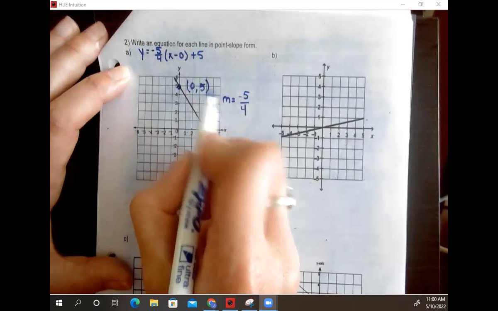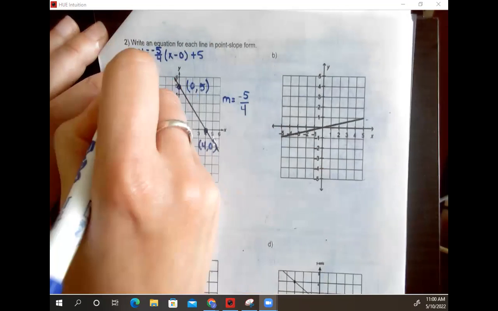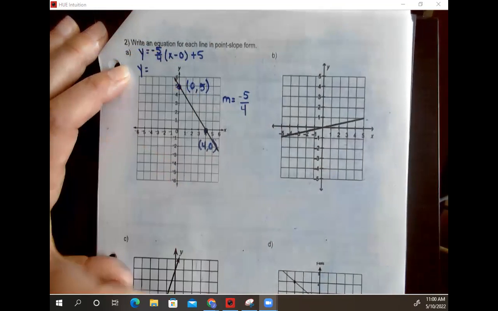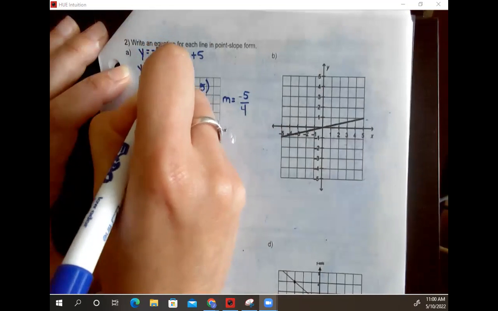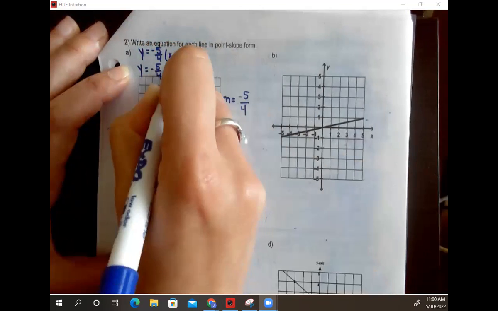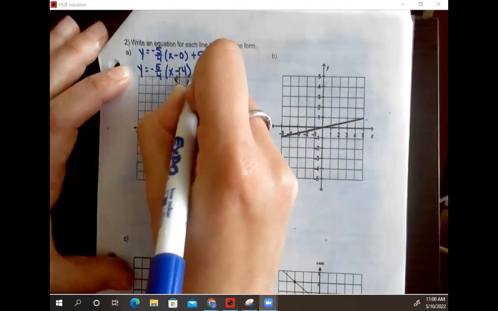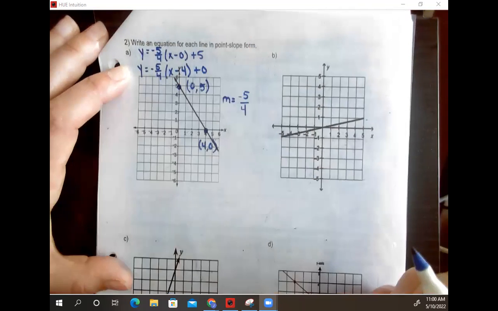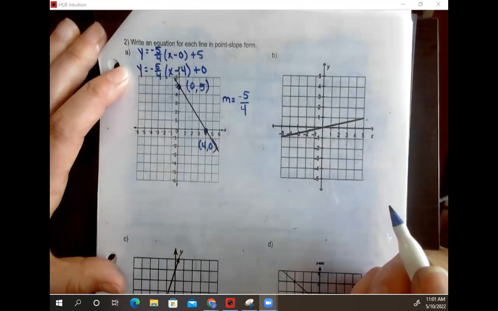So that's my y coordinate. If I wanted to use the other point instead, I would get y equals -5/4 times x minus 4, remember opposite sign from what I see here, plus 0. Okay, I can write this based on any point from my line.